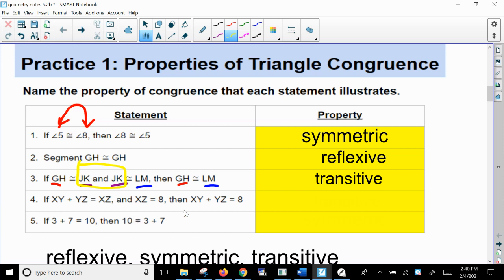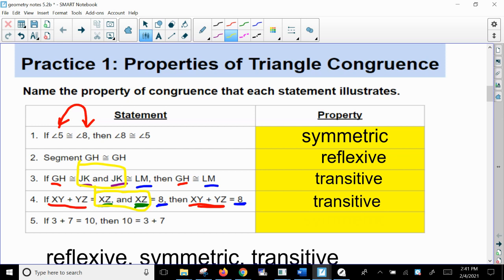Number 4, let's see if you're going to get got. XY plus YZ is equal to XZ, and XZ equals 8. So XY plus YZ equals 8. It's transitive property again. Your brother that they have in common, their common sibling is XZ.